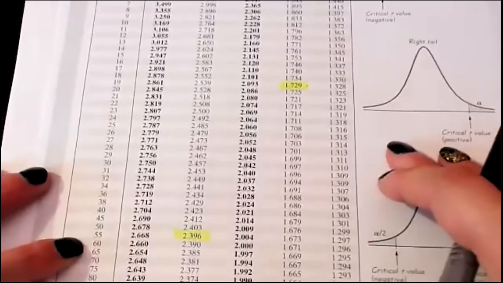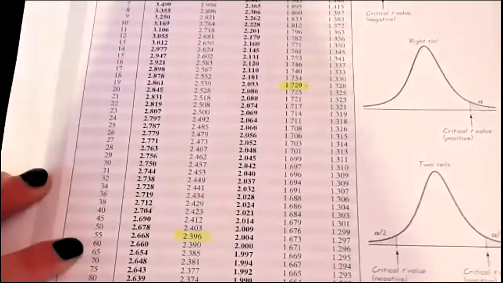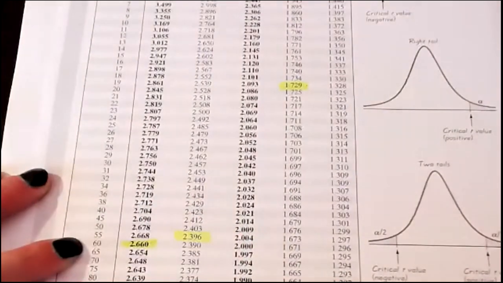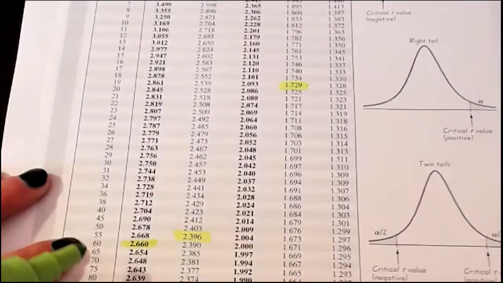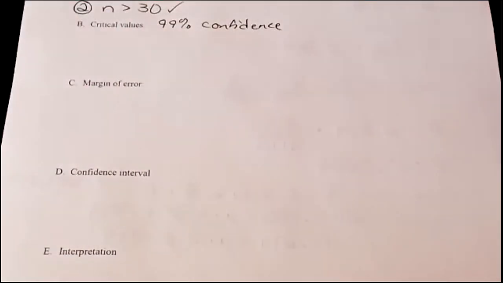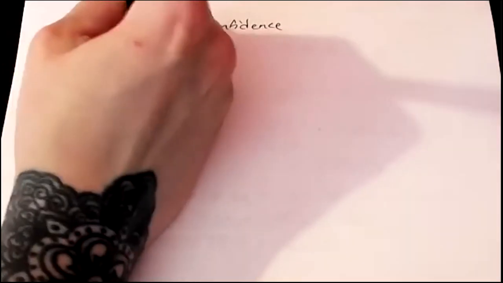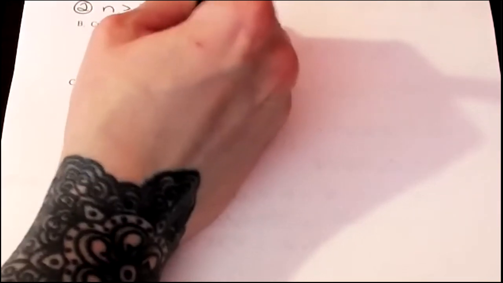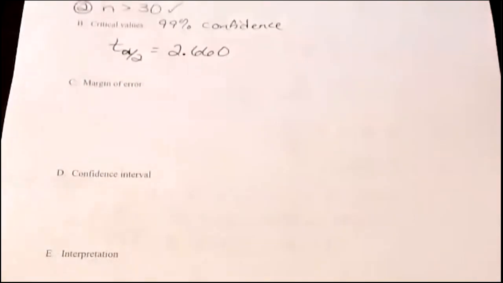As we scroll down, we see that the closest one is a critical value of 2.660. 62 is closer to 60 than it is to 65, which is why we use 2.660. So we just essentially align those. So I'm going to note here that my critical value is 2.660.